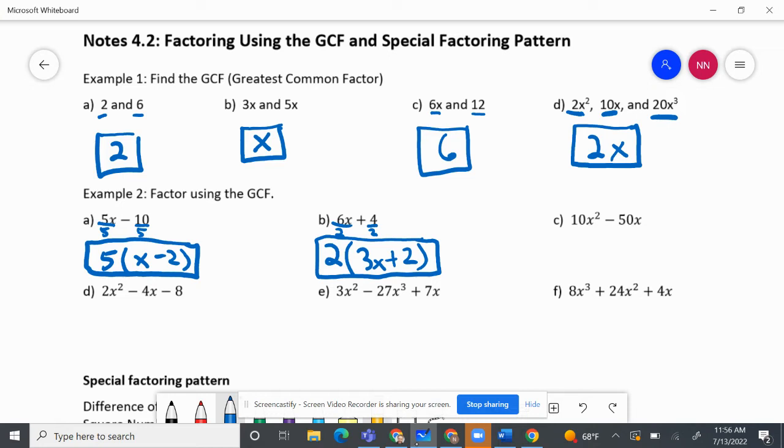We see that they both have a 10 in common, and they both have an x in common. When we factor, once again, it's like dividing. So if we were to divide each of these by 10x, we have an x remaining. And then for the second term, what we have is a 5.